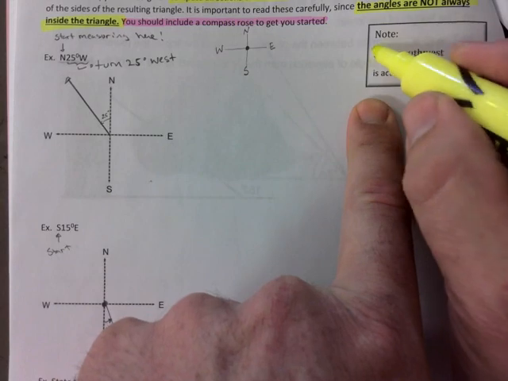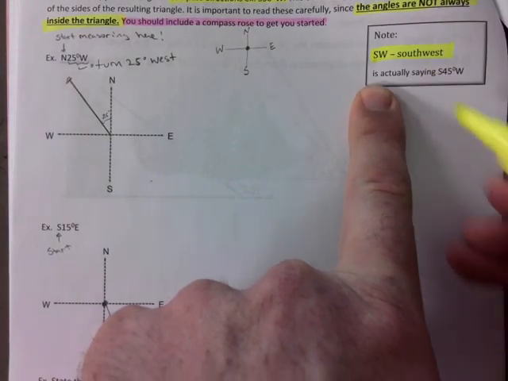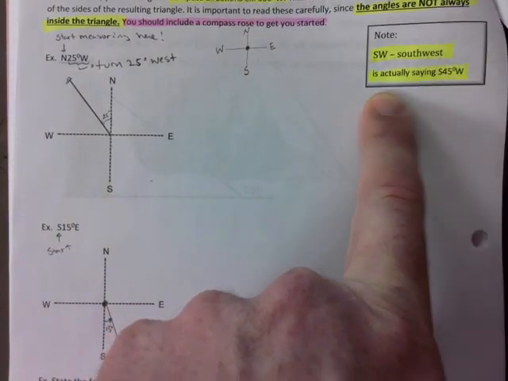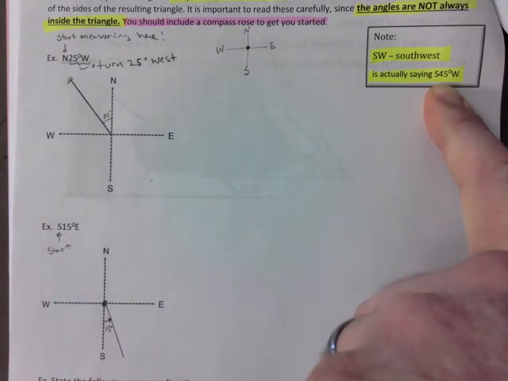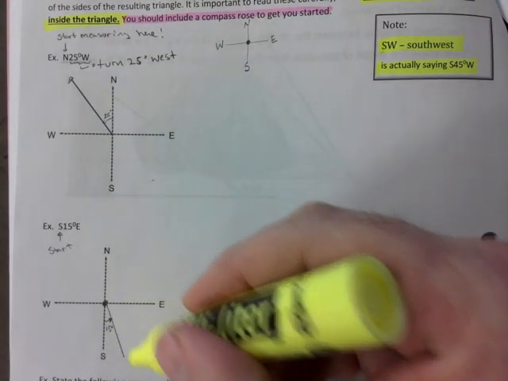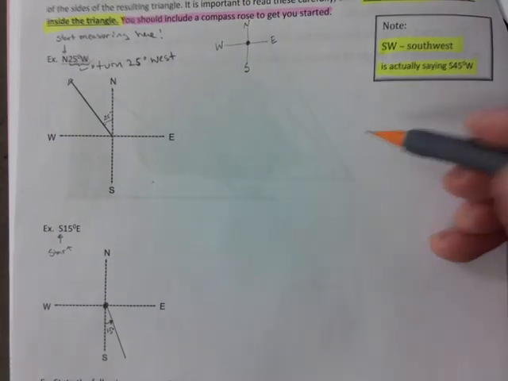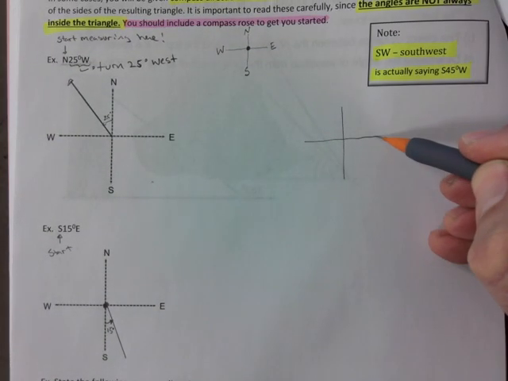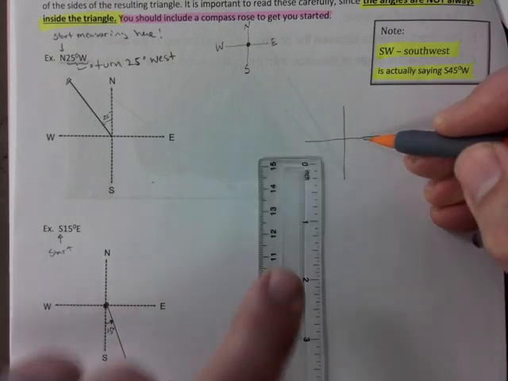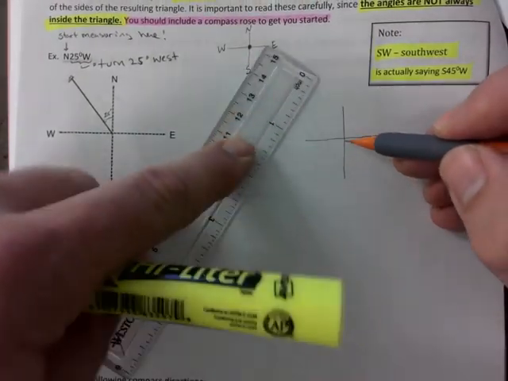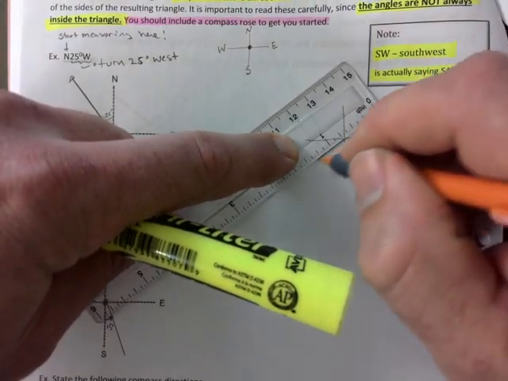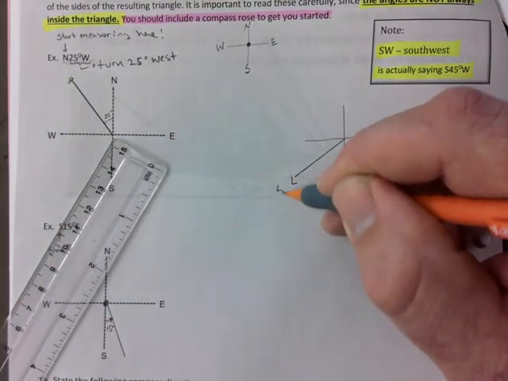Also, I'm going to highlight that here. If you see southwest, it actually is saying south 45 west. It's a 45 degree angle, bang on. If this is southwest, it would be a perfect 45 this way. This is southwest.